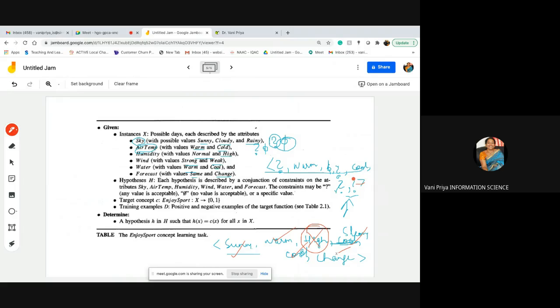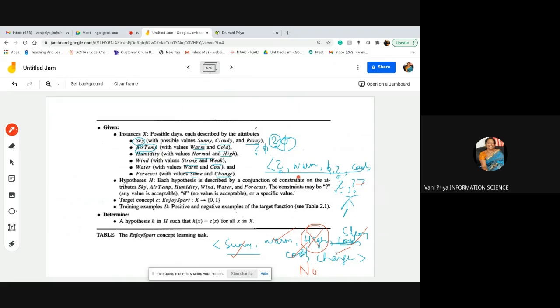Then that example is classified as yes. Otherwise, if it is mismatched, the concept enjoy sport is no. So we say the value of enjoy sport for this test case is no, based on the hypothesis.